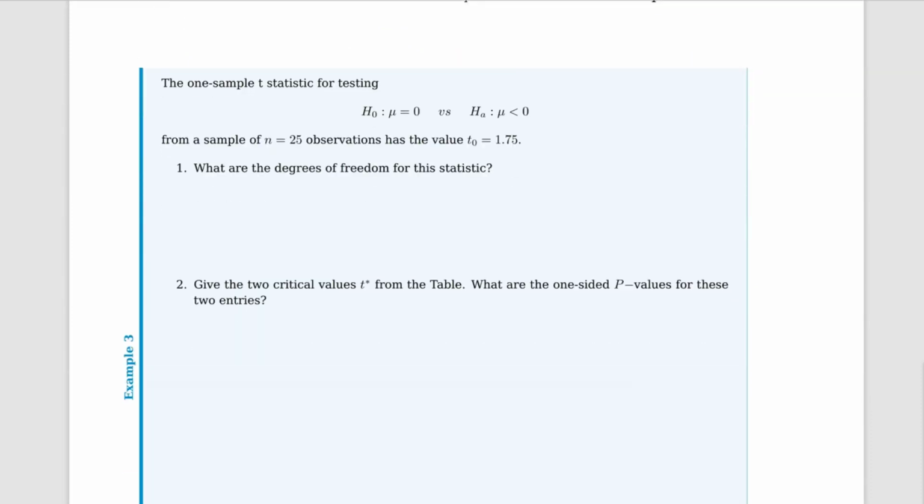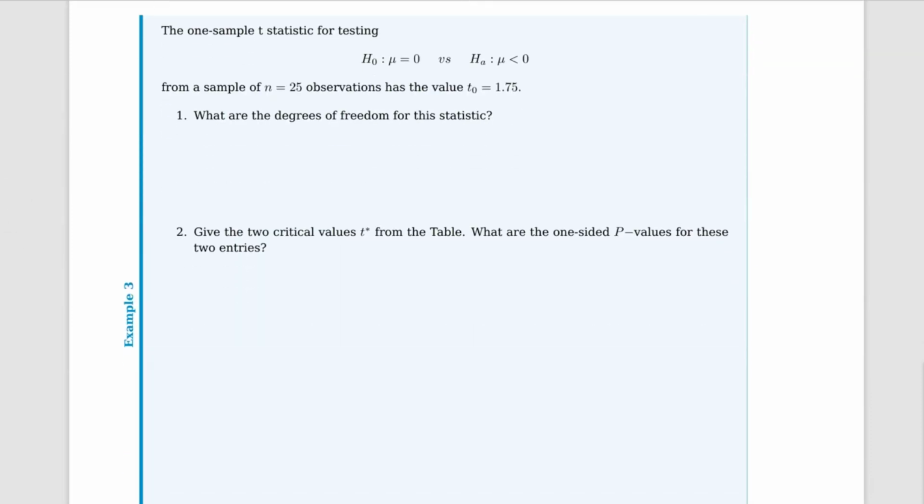Alright. So let me explain this before we go to the problems. The one sample statistic for testing H naught: mu equals 0 versus HA: mu less than 0. So what is this? This is a one-tail, or one-sided, test.